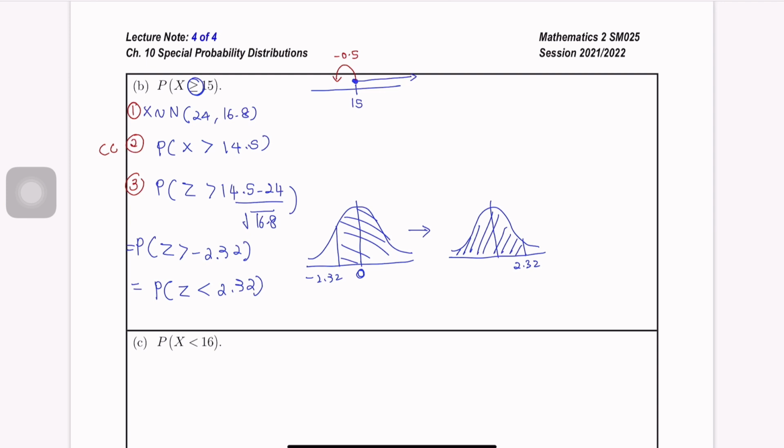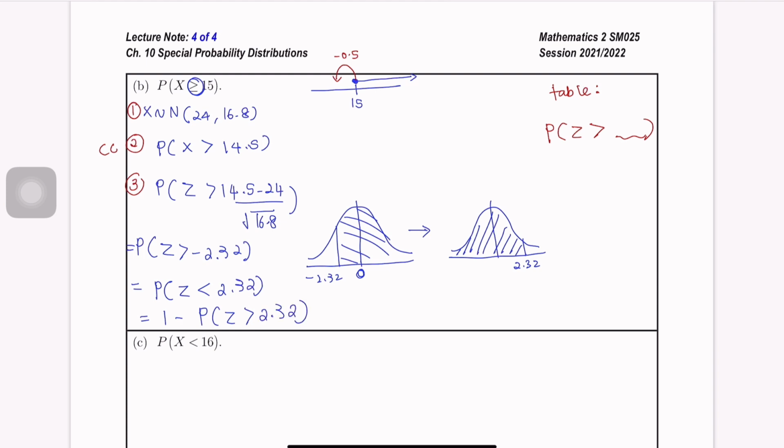But remember, the table only gives probability Z greater. So that means we need to change Z less than 2.32 to 1 minus probability Z greater than 2.32.